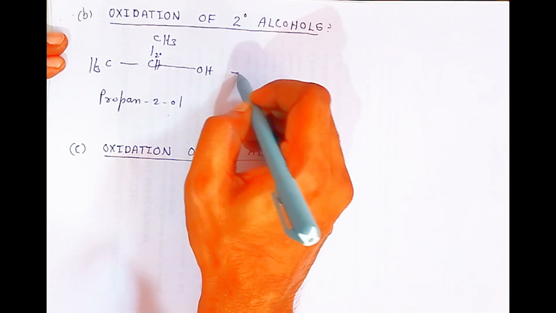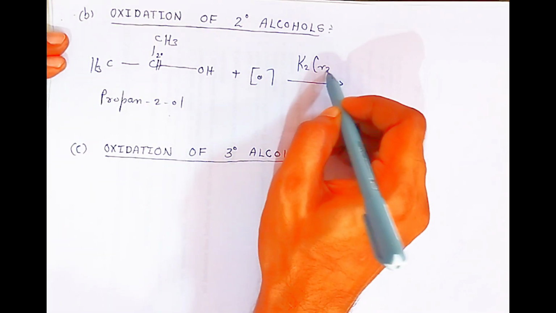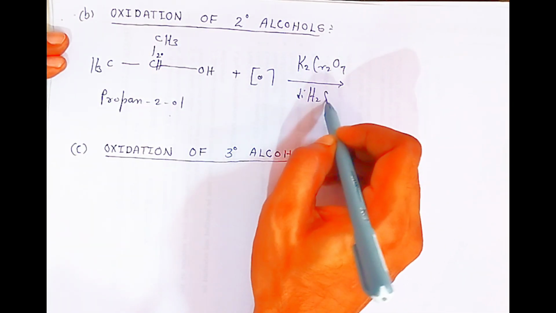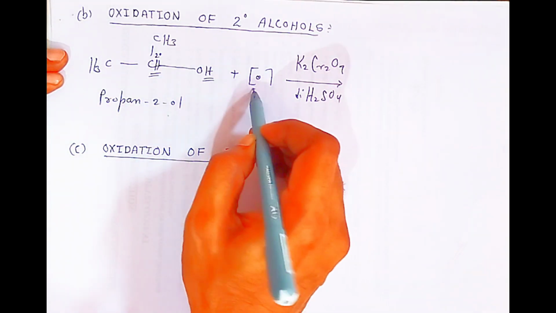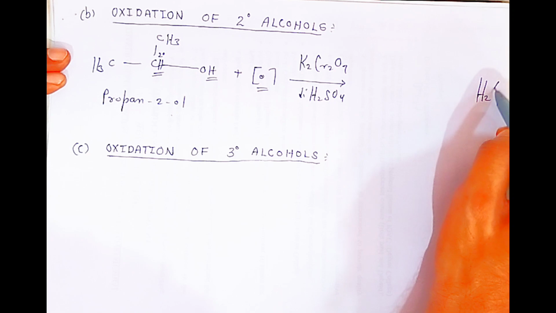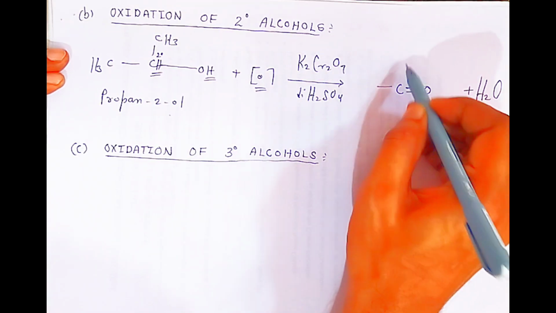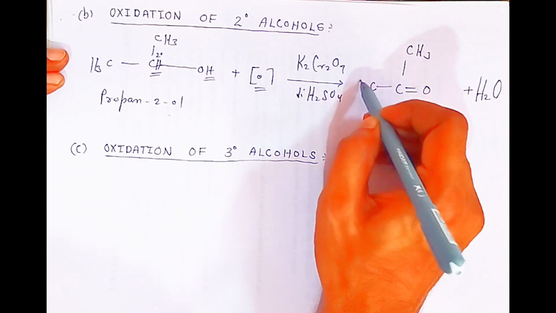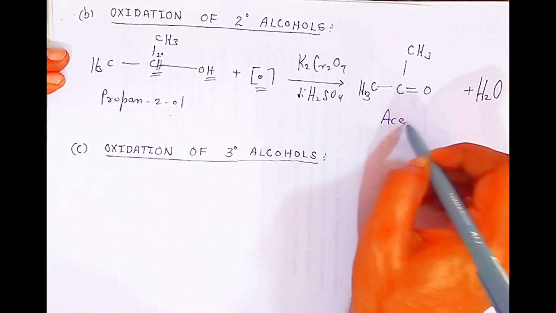When you do the oxidation with nascent oxygen, produced with the help of K2Cr2O7 and dilute sulfuric acid, what happens, students, there is elimination of a water molecule. This hydrogen combines with this oxygen and forms water. And there is a formation of a carbon-oxygen double bond. So this way, students, it is converted into a ketone. Which type of ketone? It is nothing but acetone. We also call it what? Acetone.